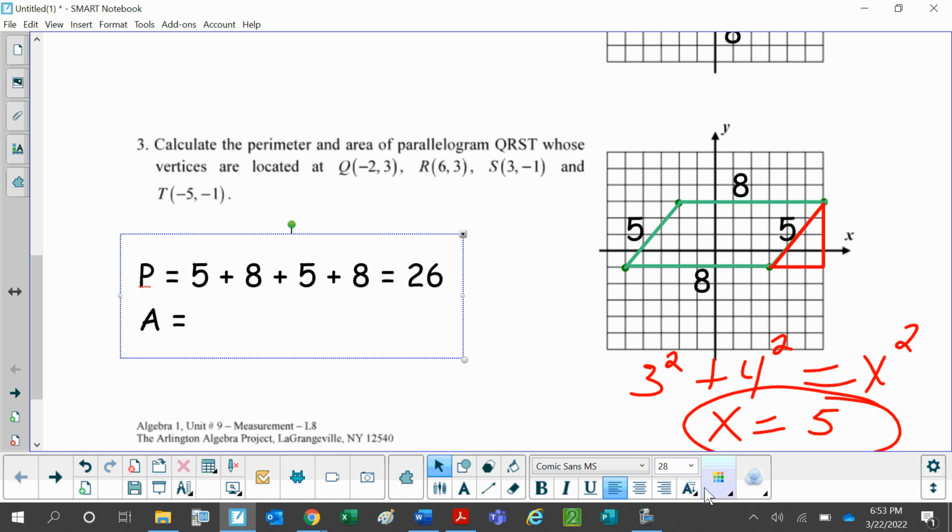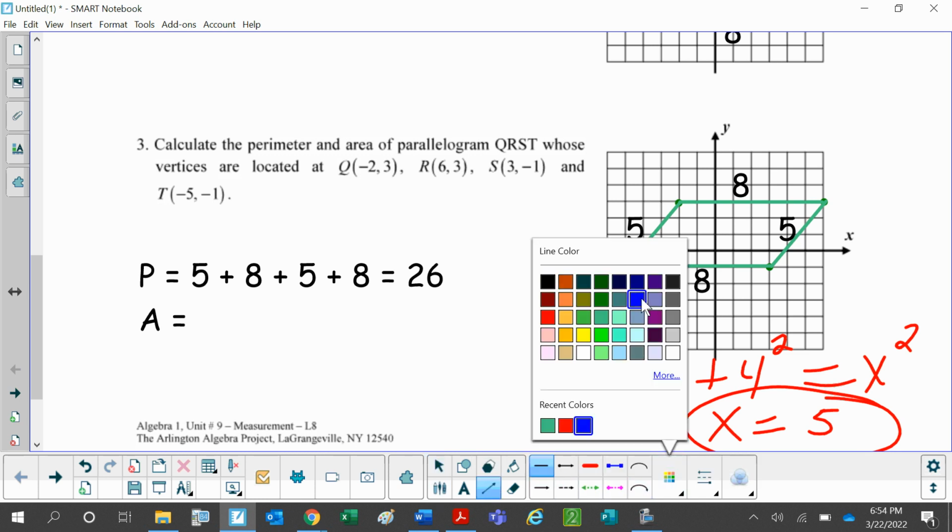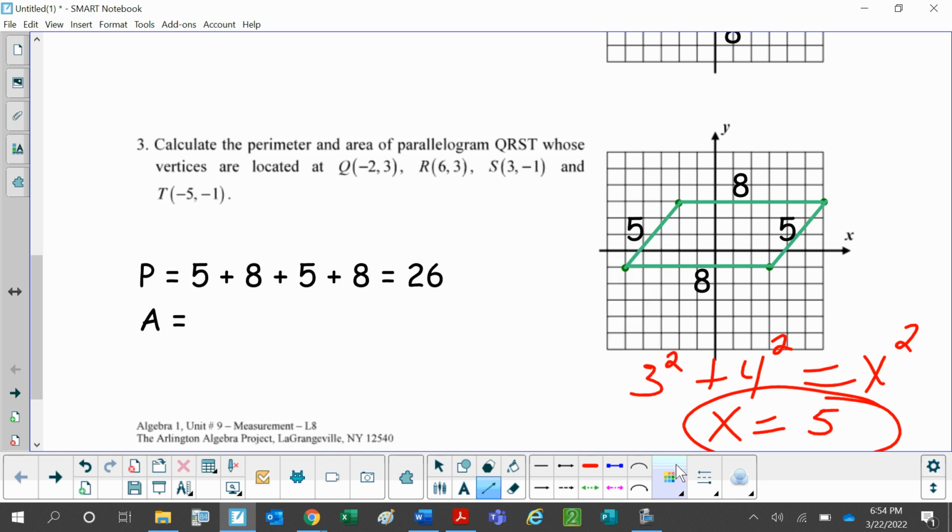So we have 3 figures here that we've got to look at. Let me erase my right triangle here. I used this red one to help us out. We have to bust this figure up into either rectangles or triangles to help us find the area of it. Now there is a formula for a parallelogram, and I'm not going to get into that right now. You could use that, but I'm going to use this idea that works for every polygon.